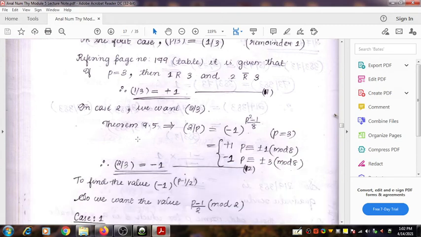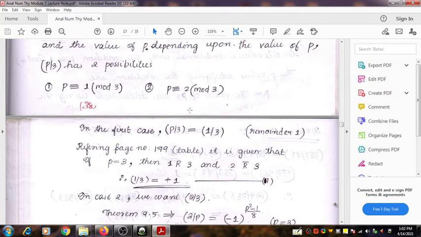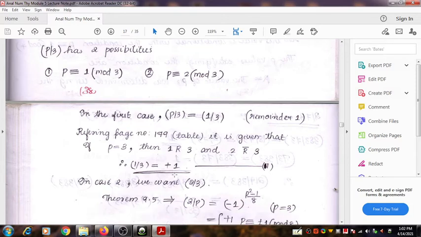In that situation we have P congruent to 1 mod 3. So if P is congruent to 1 mod 3, then we have plus 1.